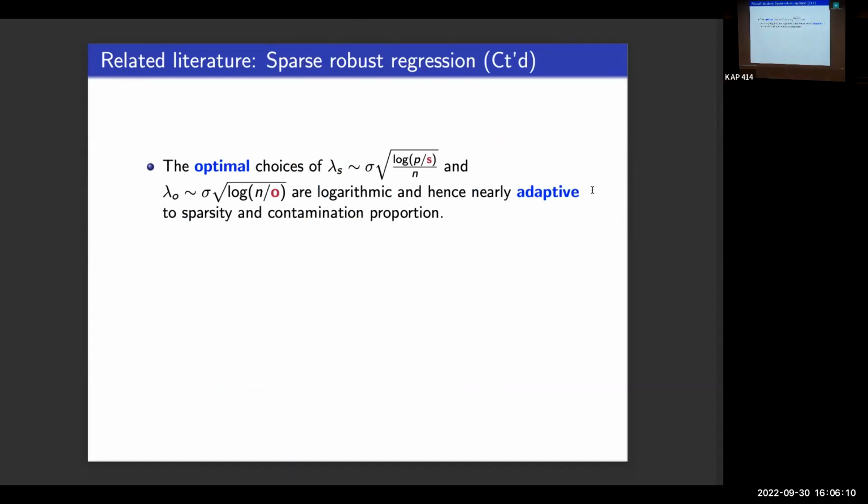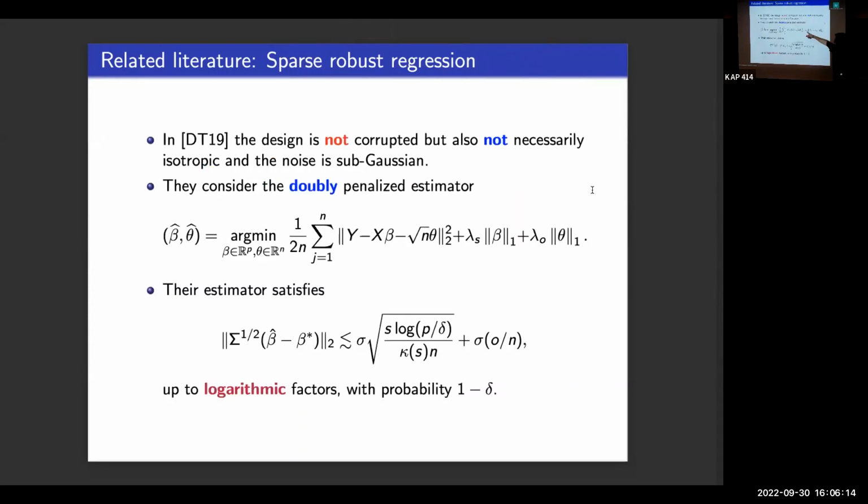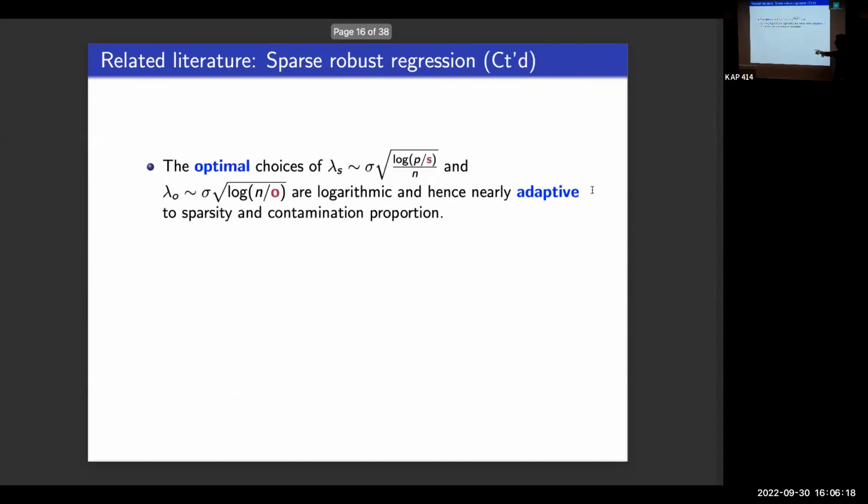So just to say a few words about the penalty parameters: lambda S is for beta, lambda O is for theta. Lambda S is of order log P over S, and lambda O is of order log N over O. They both scale with the variance parameter, the standard deviation.